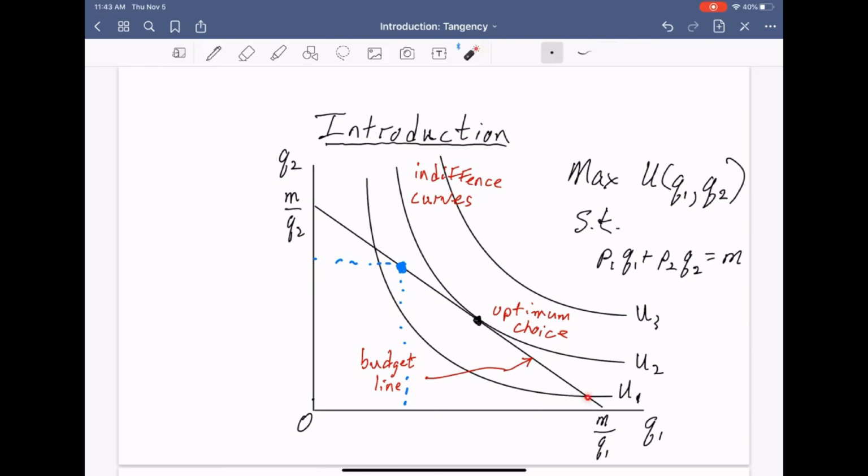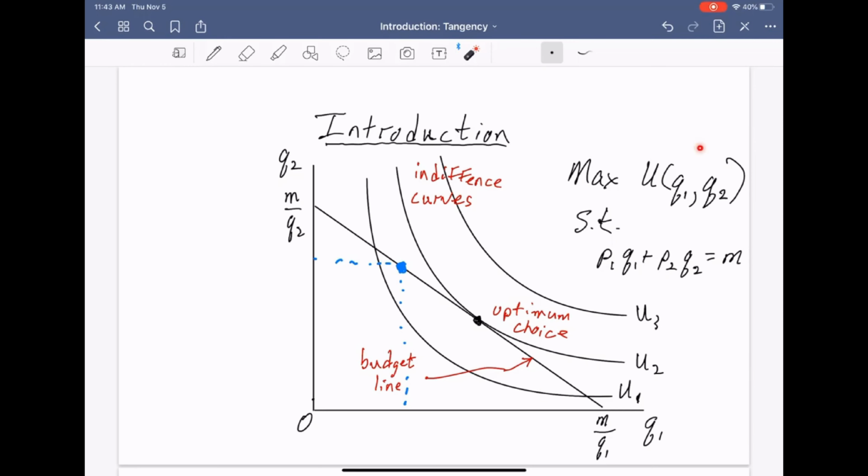The budget line is given by this line here, and it is also given by this equation, where P1 is the price of good 1, Q1 refers to good 1, and P2 is the price of good 2, and this M is our budget, or sometimes it's referred to as income, which we'll discuss below.